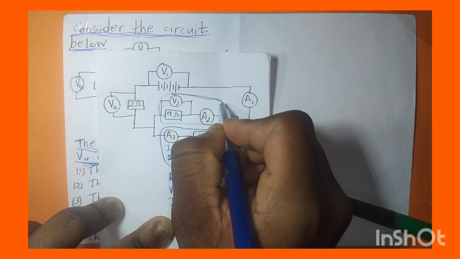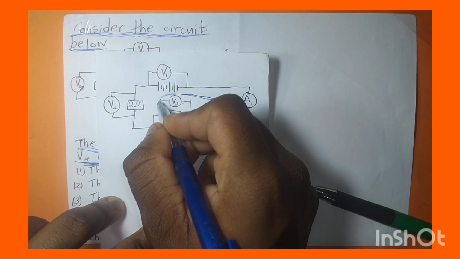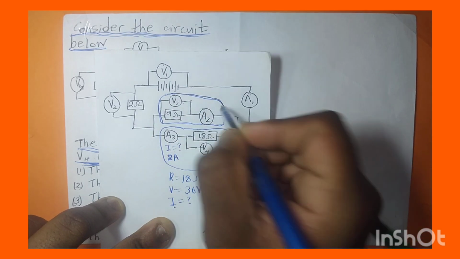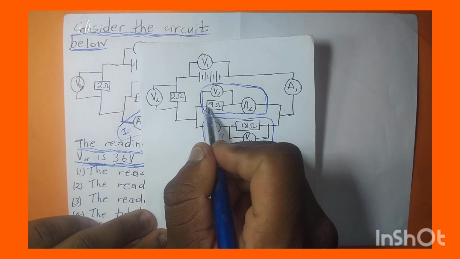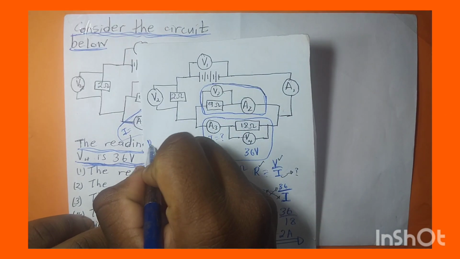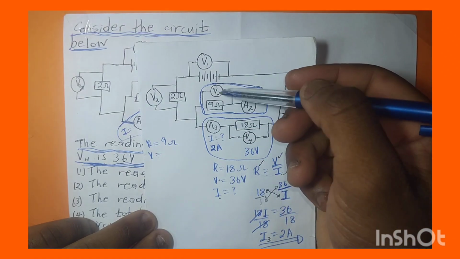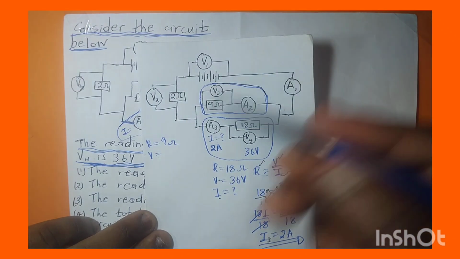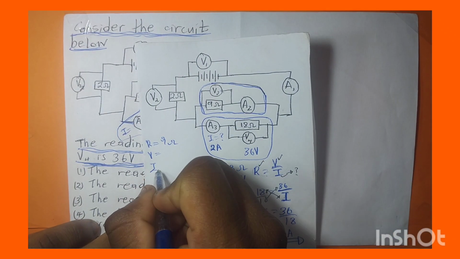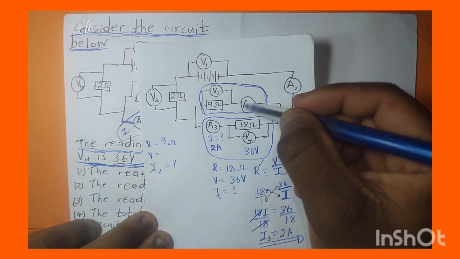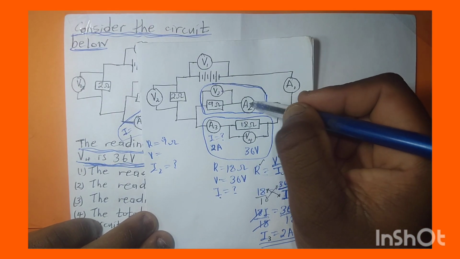But let's check all the information that we are given. In this component we are given a resistor, which is 9, but we don't know the voltage because they didn't give us a voltage. And we are looking for current 2, the current which is passing through this ammeter.